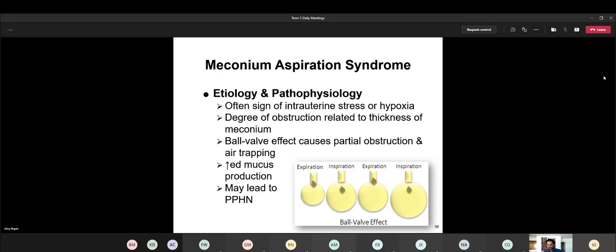And then on the next breath, the ball shifts, and that allows more air to enter into the alveolus. And then on the exhalation, it shifts back into place again. Just that moving back and forth would mean that you're getting more and more air trapping. And as we know, that could ultimately lead to a pneumothorax.